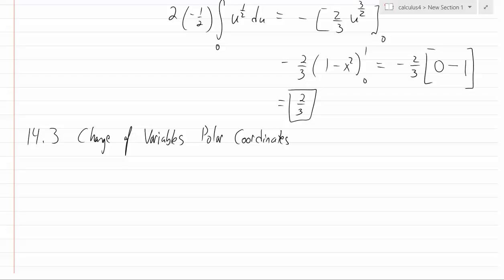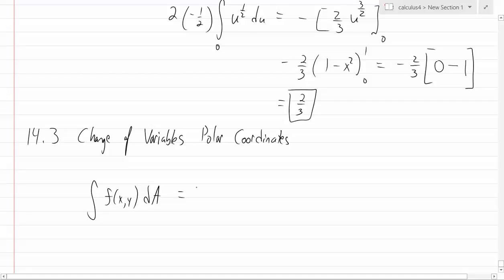The big difference is the dA that we have, the differential that we use, dA. Like we have the integral of f of xy dA, and it's a double integral over some region R. We were setting that up dy dx or dx dy.